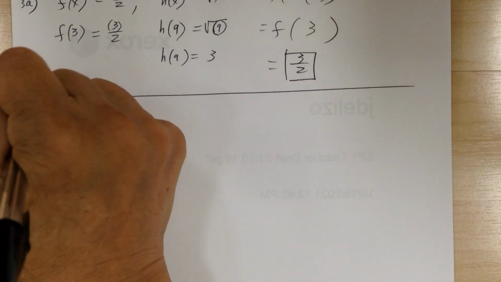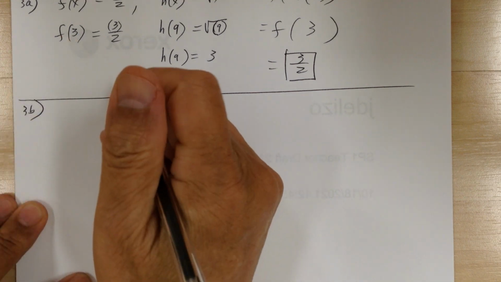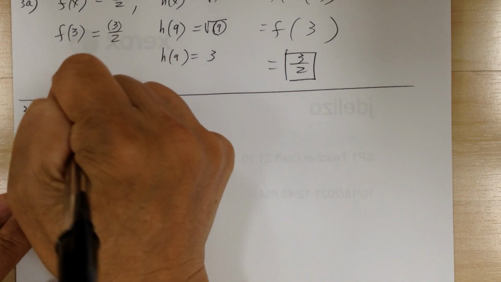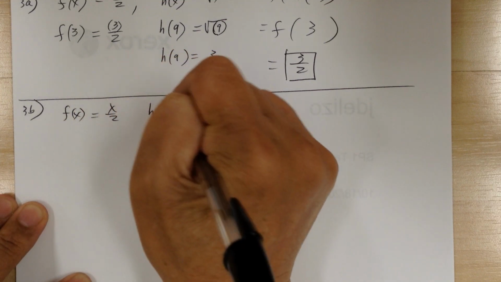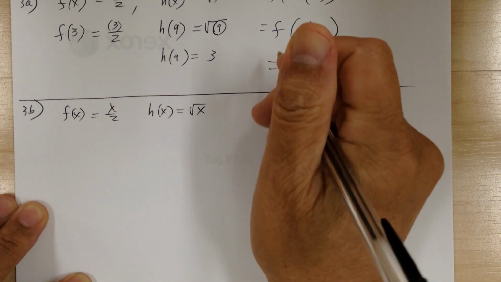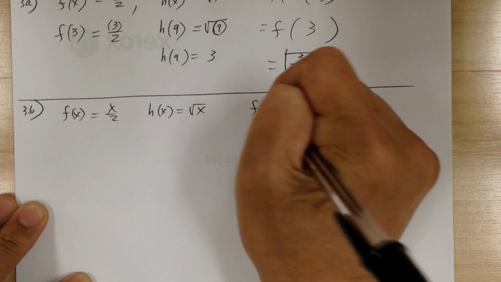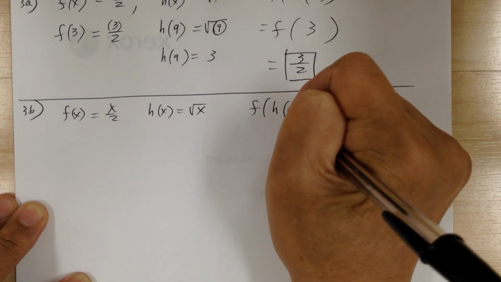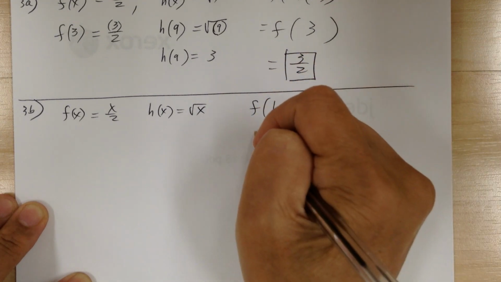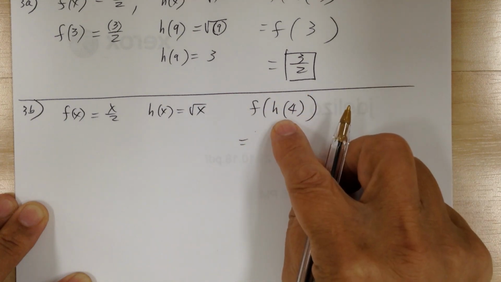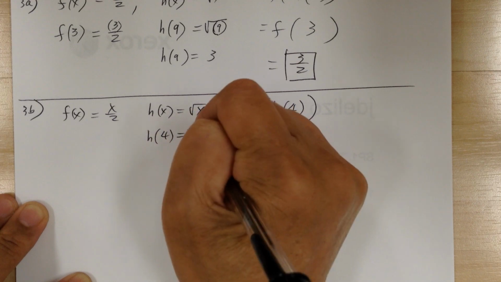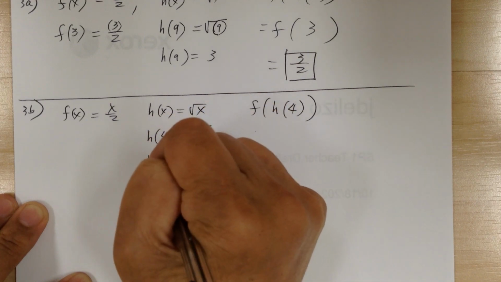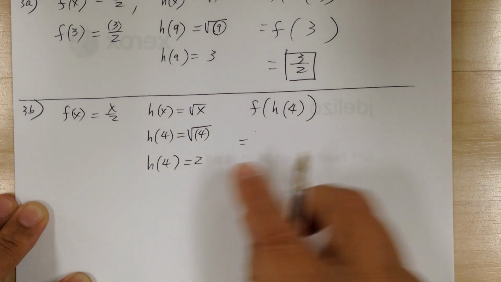Okay, 3b. Get our functions ready. For 3b, you're looking for f of h of 4. To find h of 4, you come over here, and h of 4 equals 2.